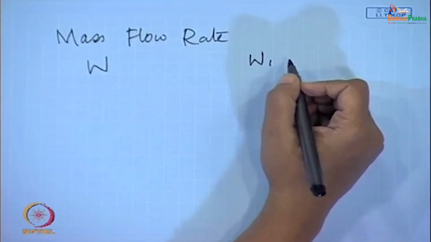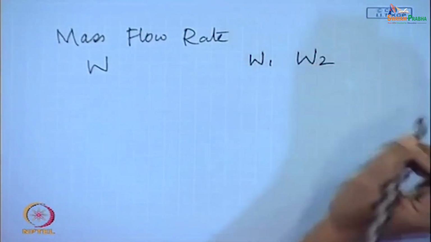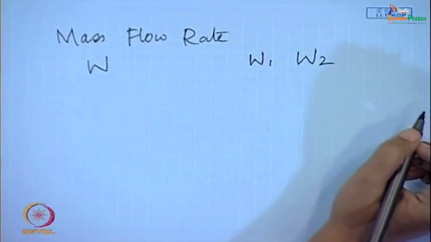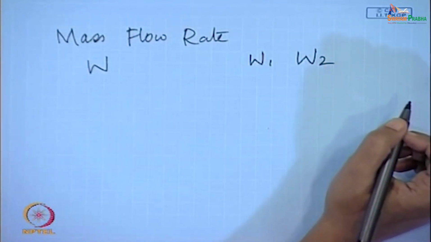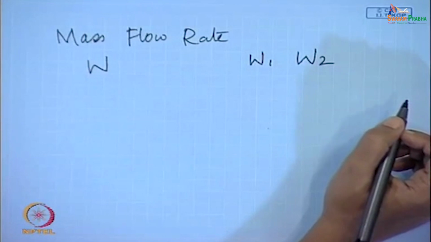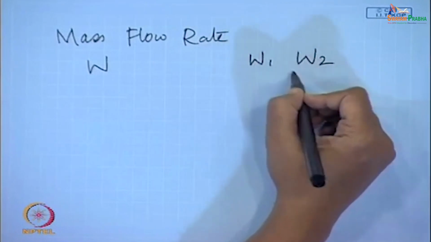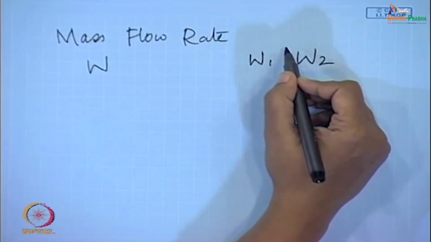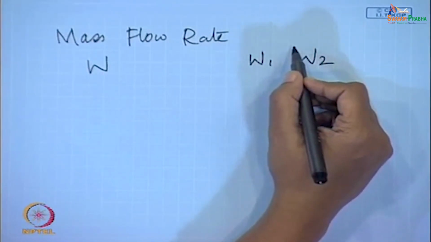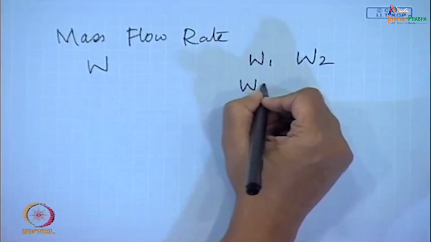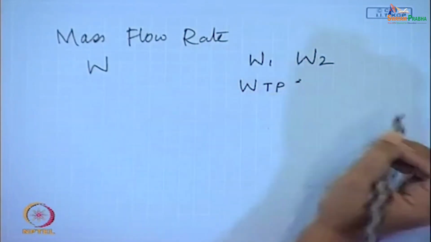There will be W2, the mass flow rate of the vapor phase or the gas phase if it is liquid vapor. If it is two liquids, then this is the mass flow rate of the heavier liquid, and this is the mass flow rate of the lighter liquid. Agreed?